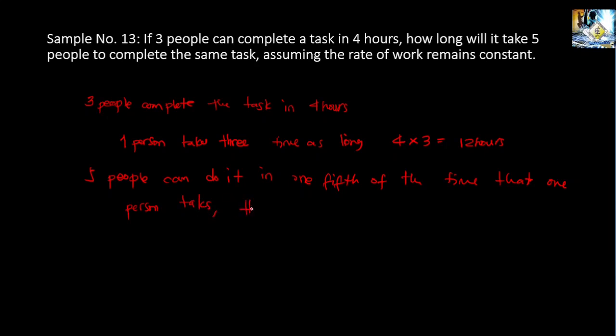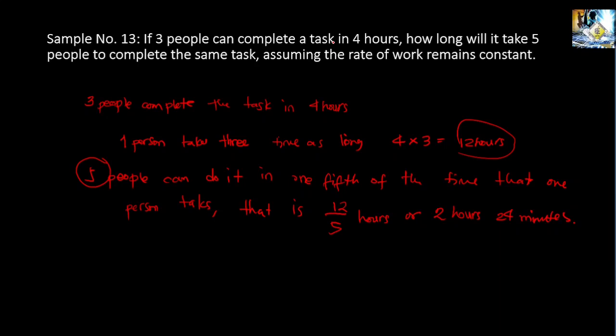So this is 12 hours for 5 people, so we can say 12 over 5 hours, or if we convert it into minutes, 2 hours and 24 minutes. Okay, let's go back to the problem.